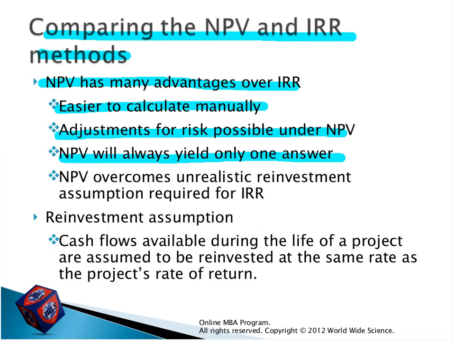So it's easy to calculate. We can get one answer, which means one result. The net present value overcomes the unrealistic reinvestment assumption of the required rate of return. That means the net present value is easier to calculate than the IRR. We are not going to make some assumption of rates or something else, and the results will always be at one amount.